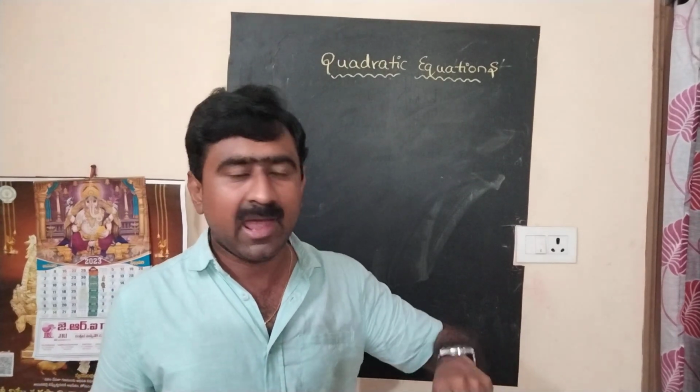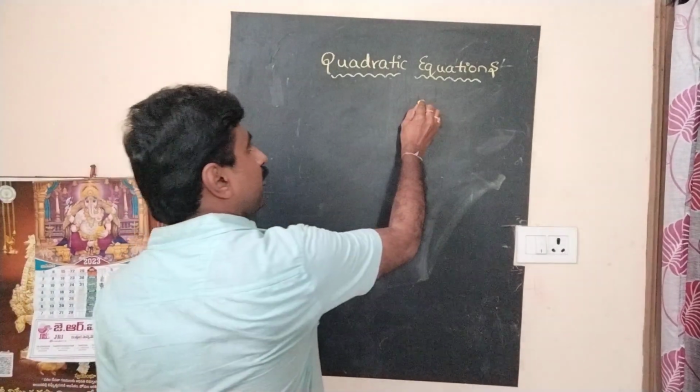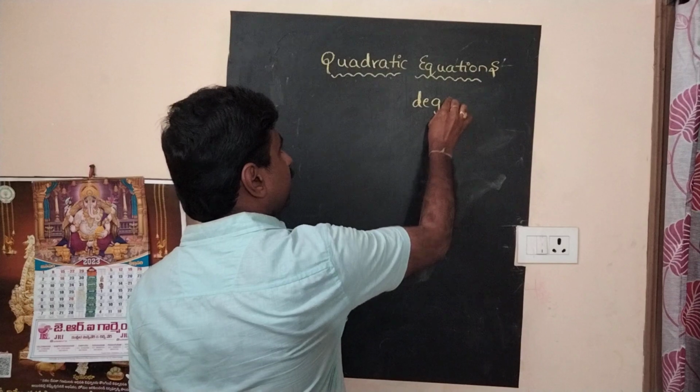For example, if the equation has degree 1, it is called a linear equation, and similarly if the equation has degree 2, it is called a quadratic equation. If the equation has degree 3, it is called a cubic equation, and if the degree is 4, we call it a biquadratic equation. So basing on the degrees we are classifying the equations.